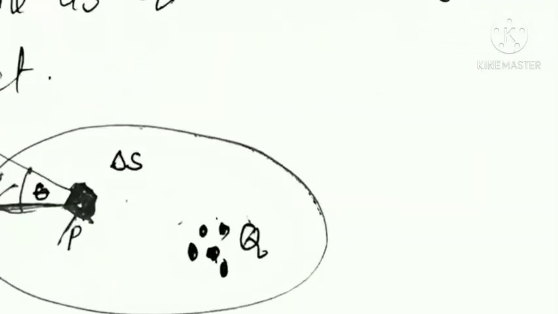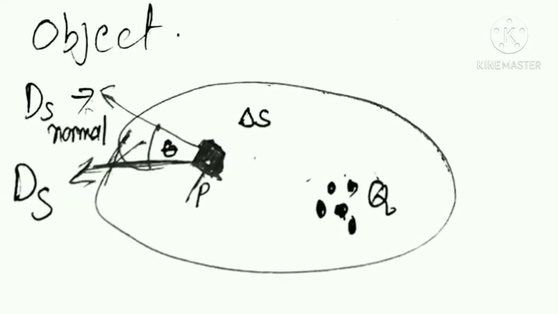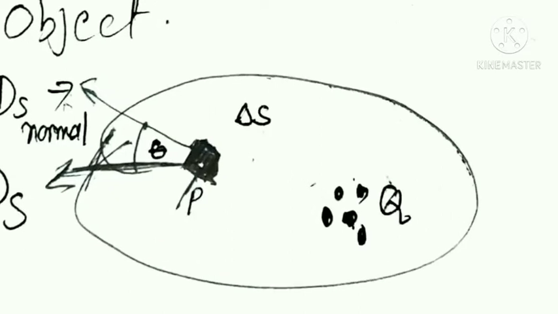If I consider this as the irregular surface which is surrounding our charge Q, then if I consider a differential surface element on the imaginary sphere, let the differential surface area be delta S. For this delta S surface, some of the flux is crossing this surface area.